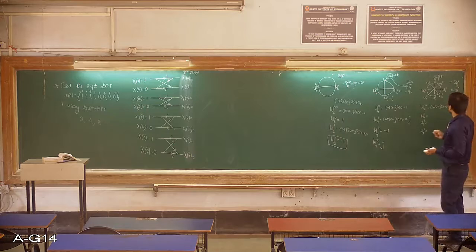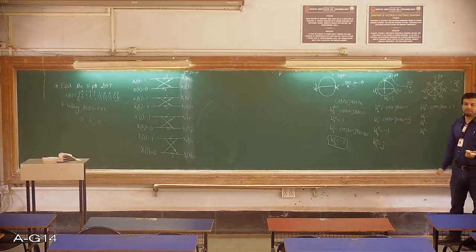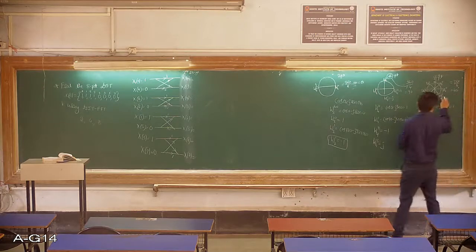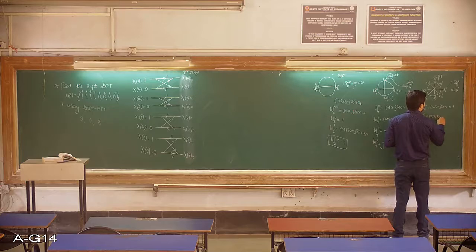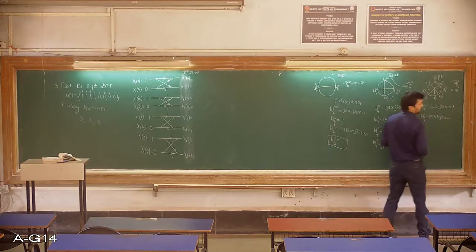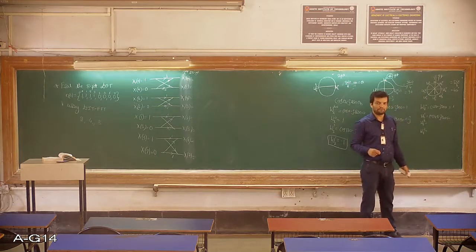The next value, W8 of 1. This angle is 45, as we have computed. So W8 of 1 is cos 45 minus j sine 45.